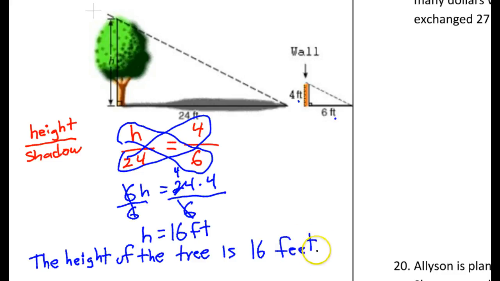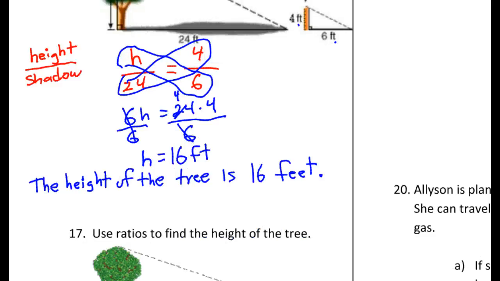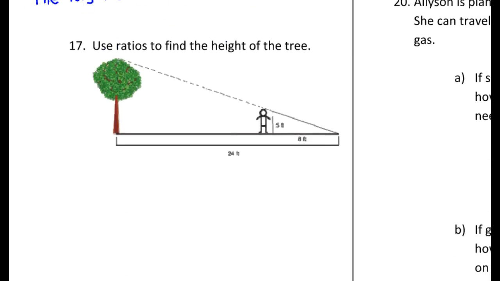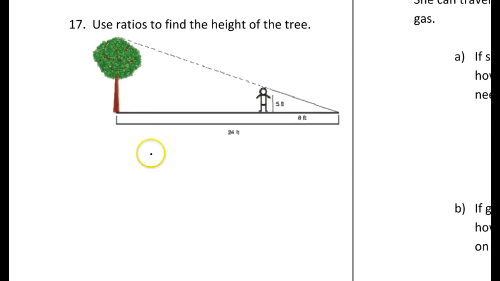Gotta write it out. You don't want to just say 16, because then the question will be 16 what? You don't want to say 16 feet, because then the question will be, well, what's 16 feet? So if we actually write the sentence out, it clears up anything that we might be confused about. 16 feet is the height of the tree. Alright, and we have a few more problems that are very similar.